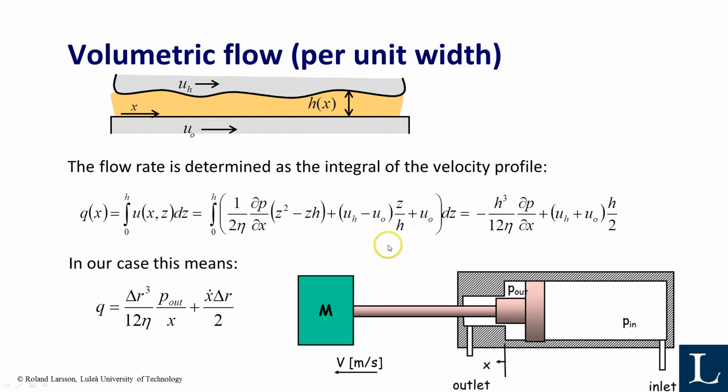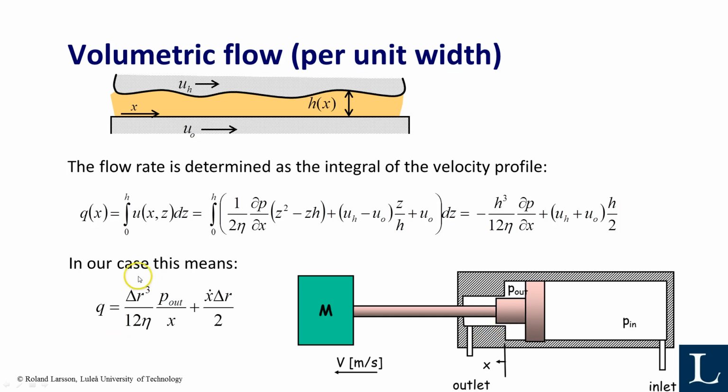That means that we can rewrite this equation to our case, and the h, the film, is the clearance between the piston and the cylinder. The speed, as I said, is the x dot. The pressure gradient is the P out pressure divided by the length of the film here, and that length is varying. The further the piston penetrates into this hole, the longer it will become.